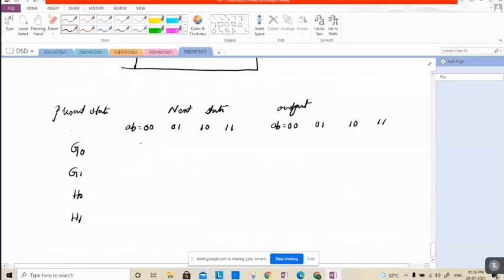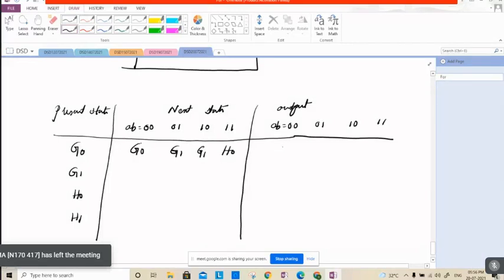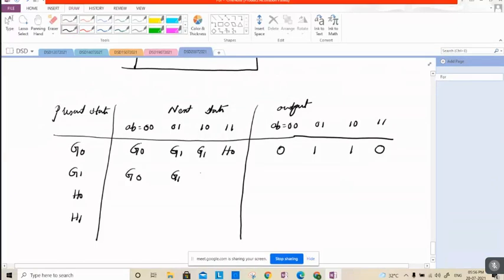G1 H0. G0, G1, G1 H0. G1, H0, right. Outputs 0 1 0, 1, 1 0. Right. Here, this is again G0, G0, G1, G1, H0. Okay. H0. 0, 1, 0, 1, 1, 0, right. What about this case? G1, H0, H1.